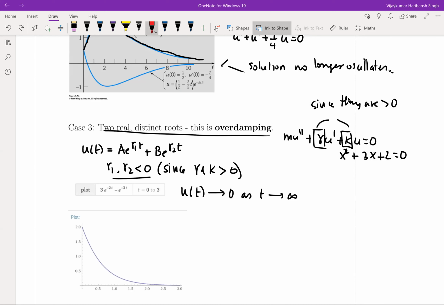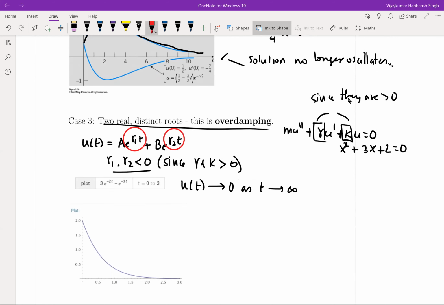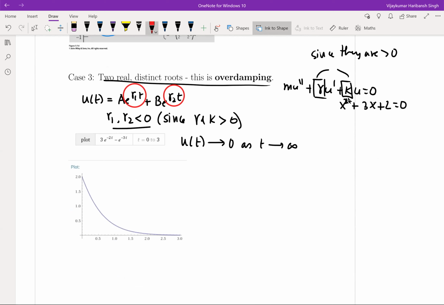This guy is with negative power, this guy is with negative power, so they will both go to 0 as t goes to infinity. For example, look at e to the power minus 2t or minus 3t. So you see, there's an overdamping. There's not even a single oscillation. The whole solution is driven down to 0. So this is the scenario of motion of a spring under damping.